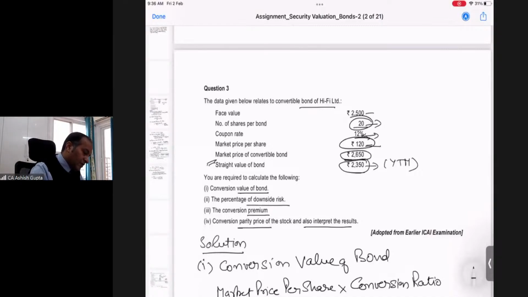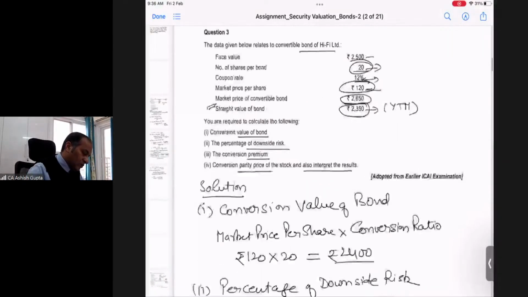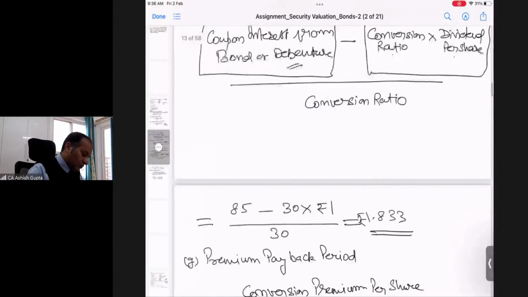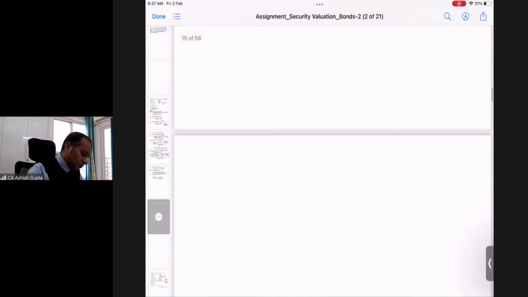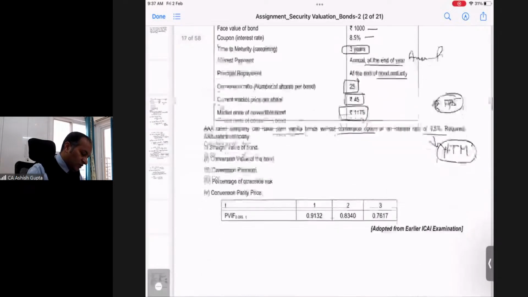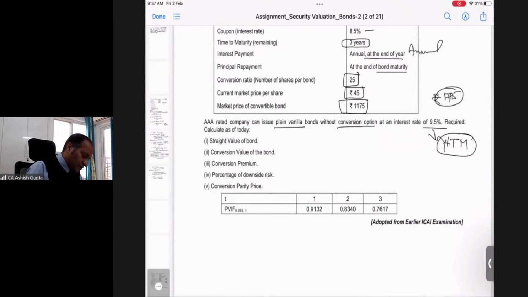Here we are not provided with the straight value, rather we have to calculate the same. Okay, now let us start solving the same.